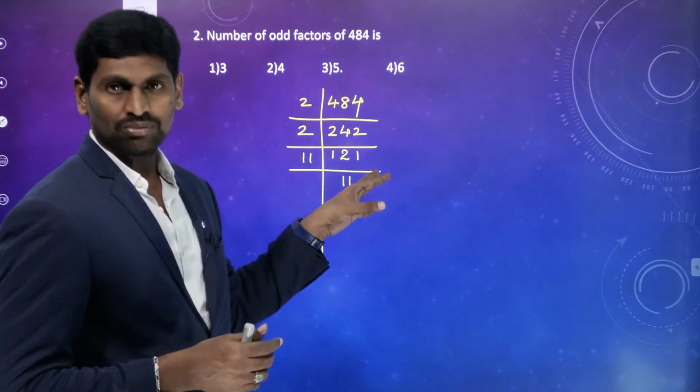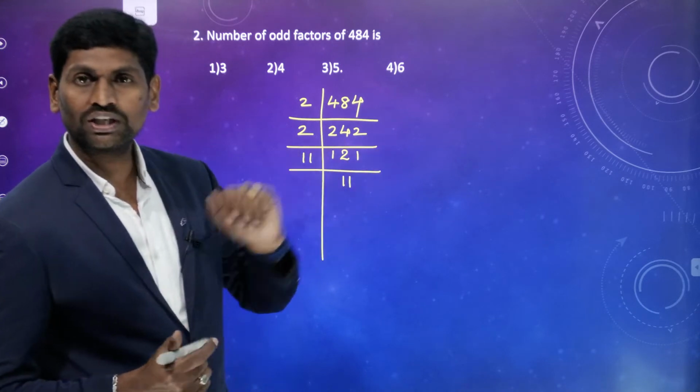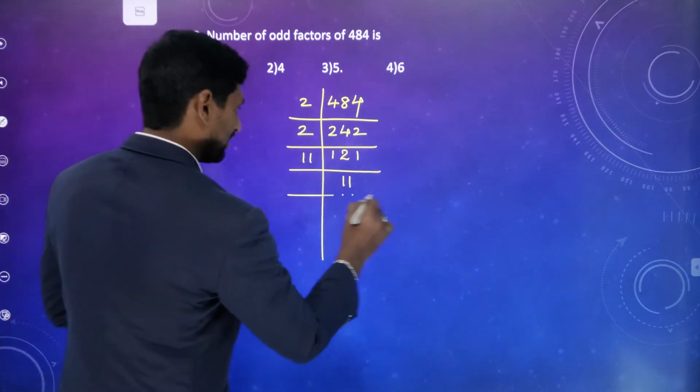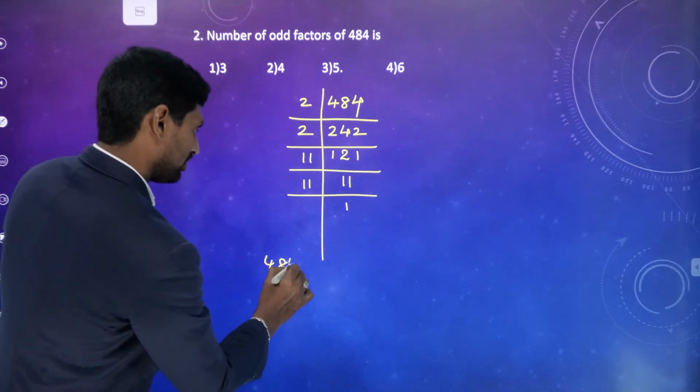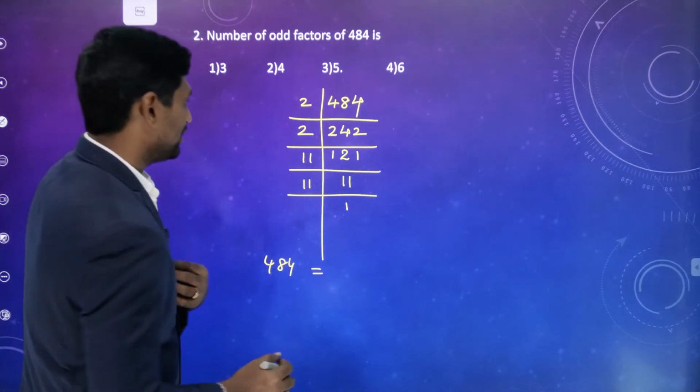Sorry, in any table except 11, 121 won't come. Again 11 is also a prime number, 11 ones are 11. So this 484 prime factorization is unique.